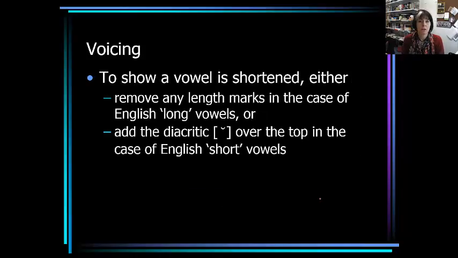To show a vowel is shortened, we can do a number of things. If we're using a phonemic system with length marks, then basically we can just remove the length marks in the case of English long vowels to indicate that it's produced shorter, or we can add this diacritic, which looks like a kind of half moon, over the top, in the case of English short vowels, if we want to do that.